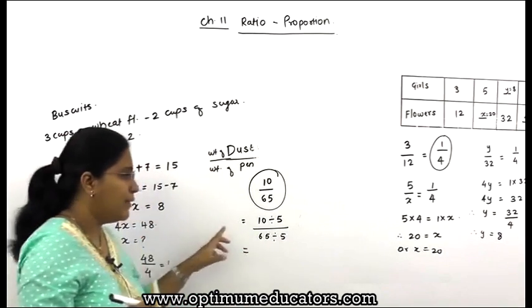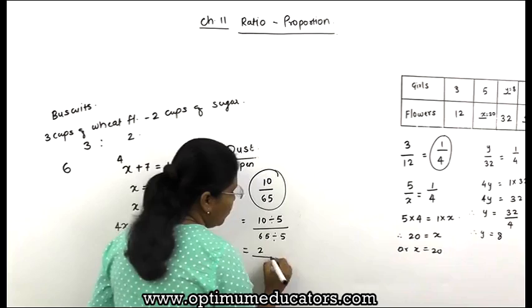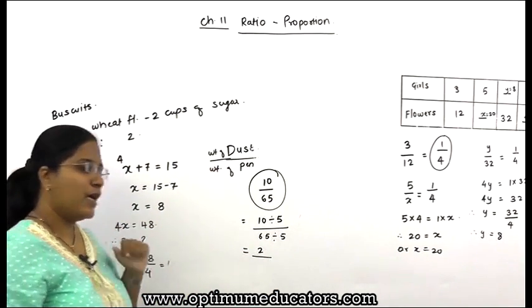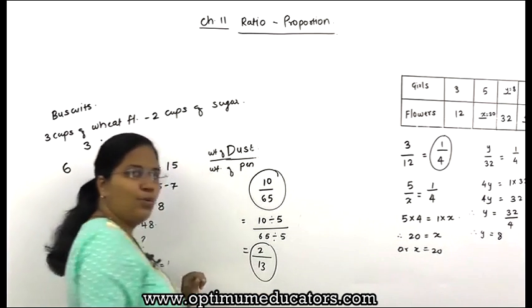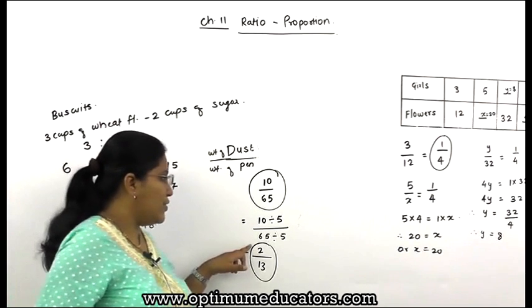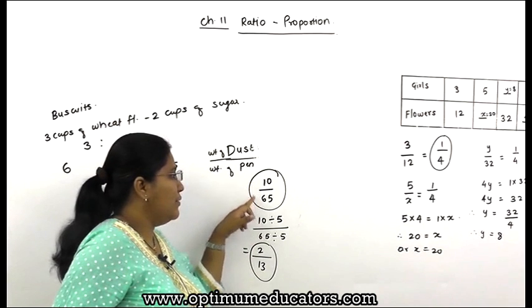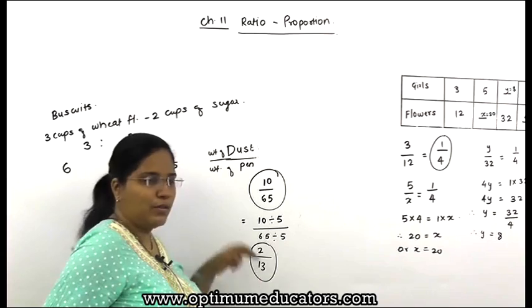What do I get? 10 divided by 5 is 2. 65 divided by 5: 13 5s are 65. So it gives me 2 upon 13. So John's age to his grandmother's age, that is 10 to 65, can be reduced to 2:13.